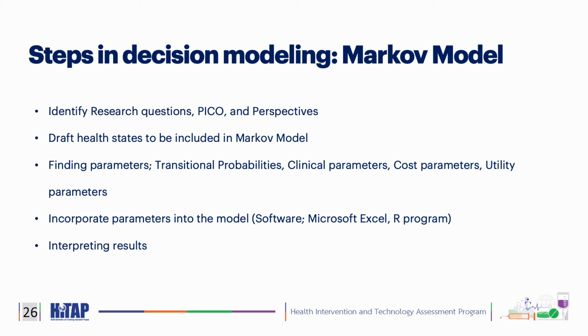After we have the health states ready, we have to find the parameters, including the transitional probability parameters, the clinical parameters, the cost parameters, and also utilities if we would like to conduct a cost utility analysis. Then we incorporate all the parameters into the model. For software, we can use either Microsoft Excel or the R program, and then we interpret the results.